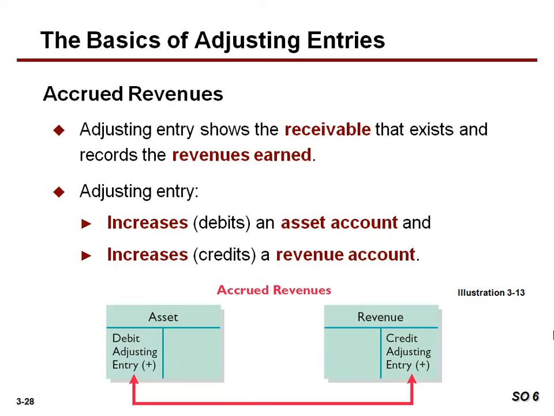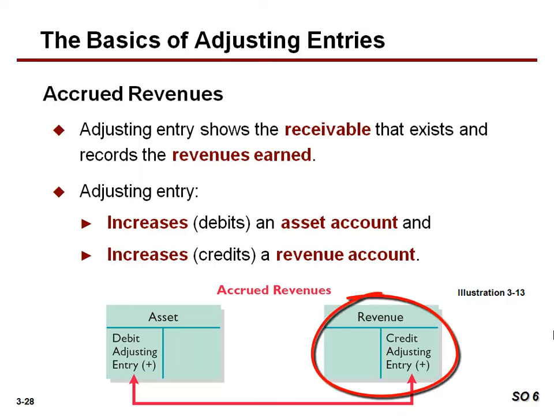So the sale is a credit sale. We're going to increase our receivable, showing that our customer is going to owe us something. It's a present obligation they owe us, a present receivable on our books. So we're going to record that when the credit sale is made. We're going to increase an asset account with a debit and increase a revenue account with a credit.